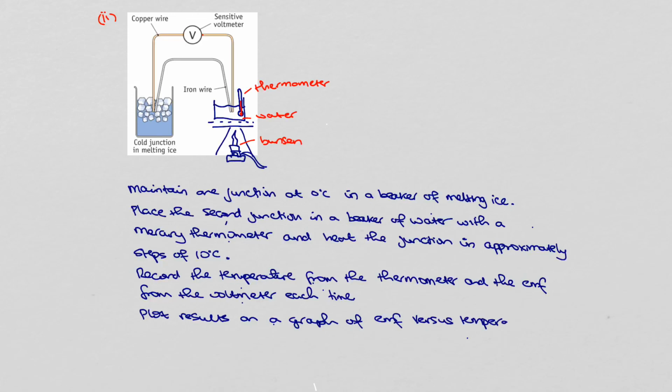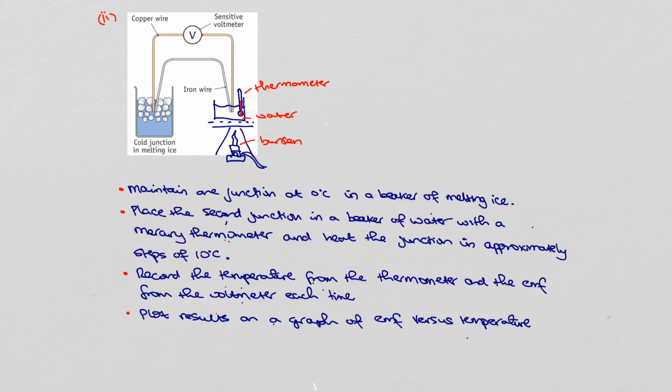Okay, so we need our fixed cold junction. We need a changing temperature in the second junction. We need to record our temperature and our EMF every 10 degrees. And we need to plot a graph of our results.